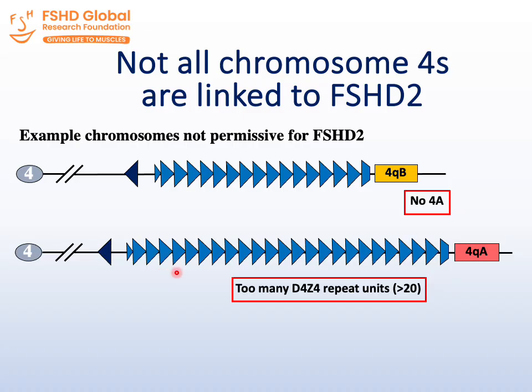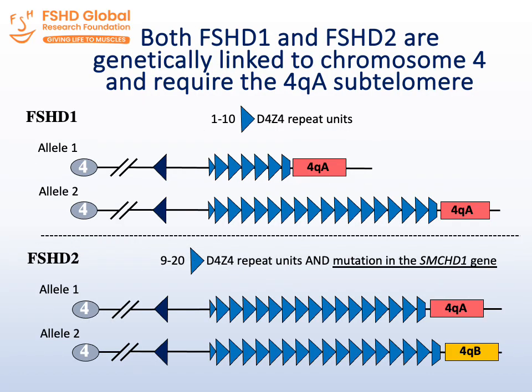So you might have the SMCHD1 mutation, but if you have 25, 30, you can have up to 100 repeat units, maybe even 120, you can't. Some of those are just too big for FSHD2. We're not exactly sure why. Probably they still get some degree of off, but what we know is those people with clinical FSHD2 tend to have that mid-range repeat size.